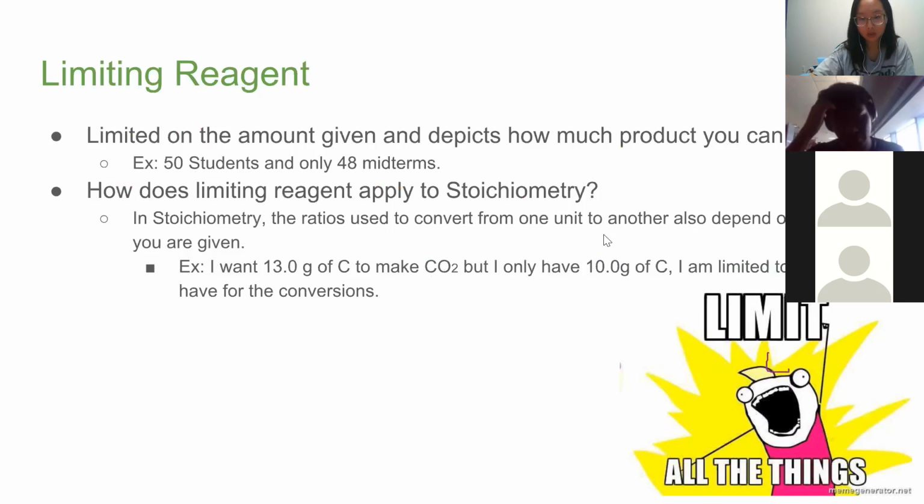So try converting the 10 grams of carbon into CO2, and also convert the 13 grams of carbon into CO2. Convert both amounts and see the difference in how much a limiting reagent can matter. We'll give you a little bit of time to do that.